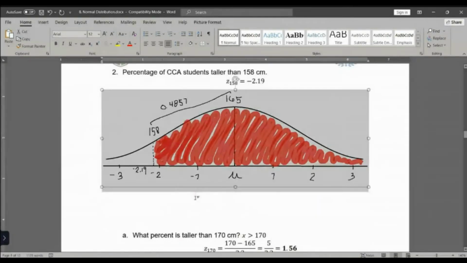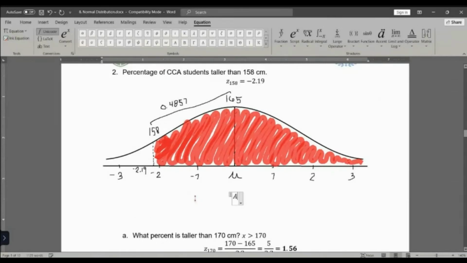Yung area natin dito. Parehong taller ha? Parehong taller than. So this time, how do you think we could solve for the area? Anyone?